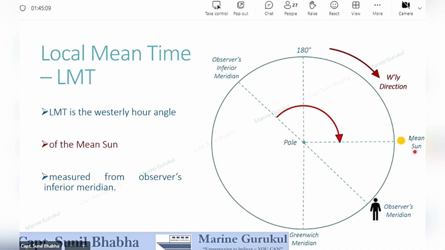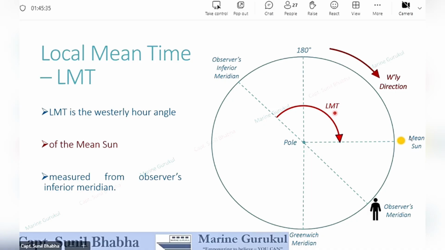You see we have measured the angle up to the mean sun, and it is measured from the observer's inferior meridian. So starting from the observer's inferior meridian, going in the westerly direction and going up to the mean sun, this particular angle is what we call the LMT, local mean time.